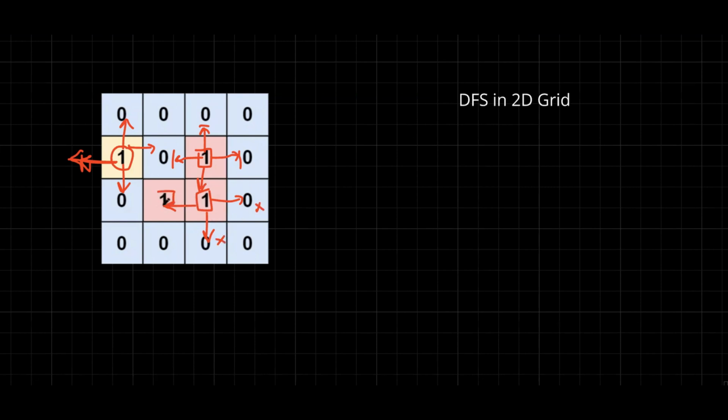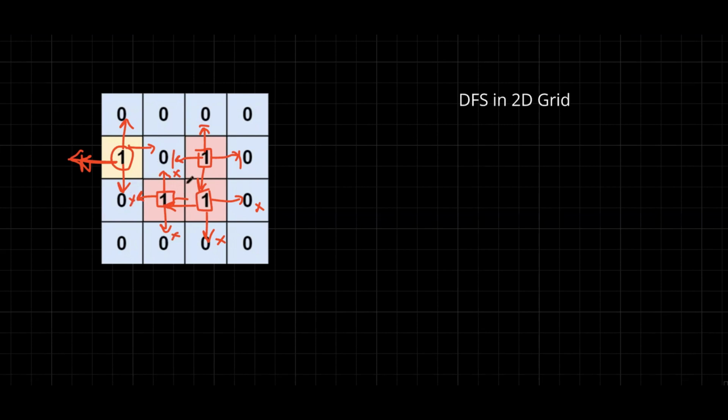Now from the left 1, we can go either up, left, down or right, but we cannot go up, left, or right. Sorry, down, because all of them are water.